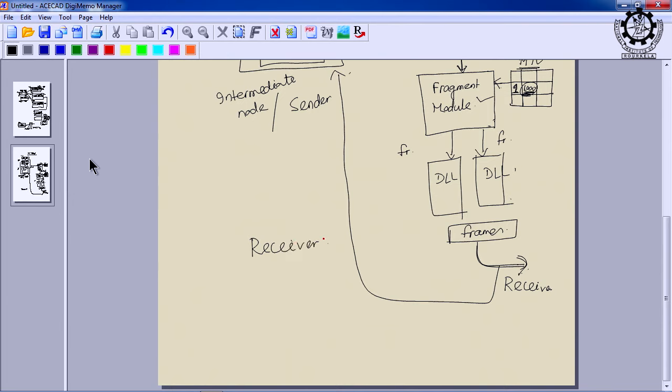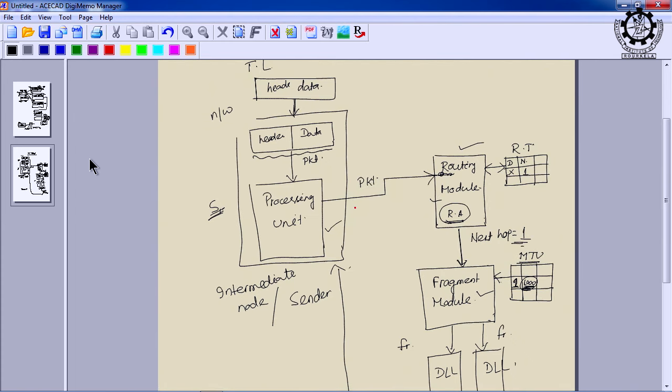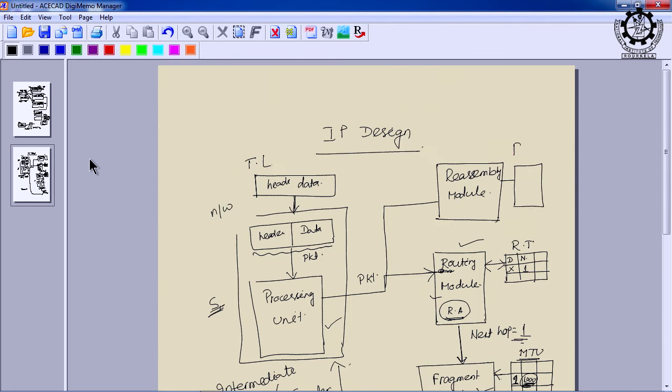When it comes to the receiver end, the processing module of the receiver sends the packet to a module called the Reassembly Module. And this Reassembly Module is associated with another table called the Reassembly Table.